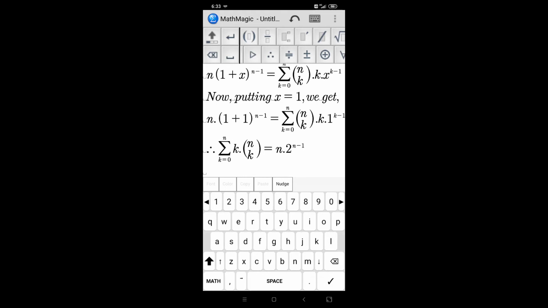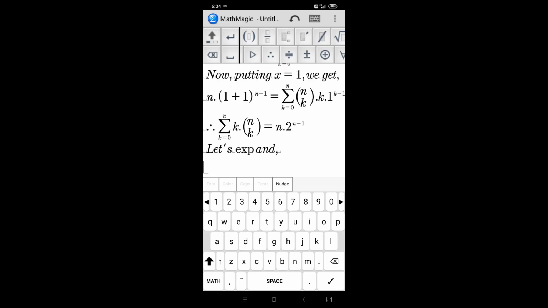Now let us try to expand that sum, okay, and see what is going on there. So let's expand the sum. Summation means nothing but plus, right?